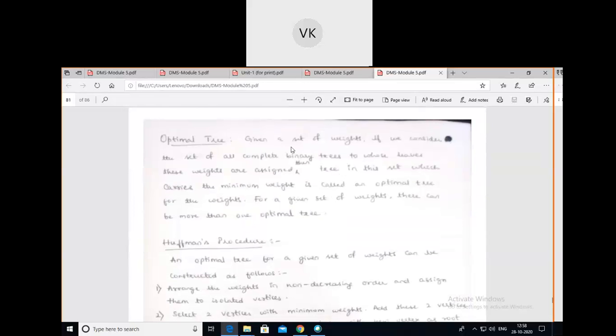Given a set of weights, if we consider the set of all the complete binary trees to whose leaves these weights are assigned, then the tree in this set which carries the minimum weight is called an optimal tree.